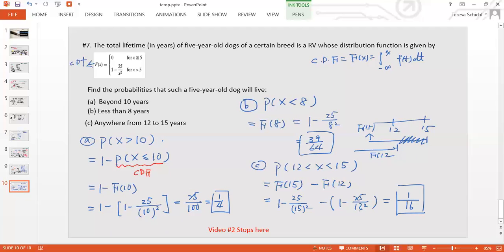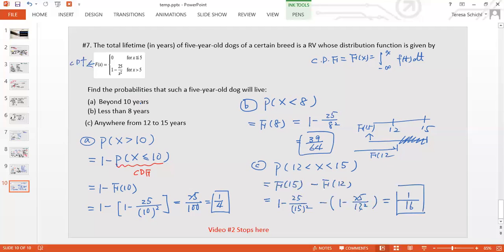After you write it out, then it will be pretty easy. Then you say, oh, okay, now I'm using the CDF here, right? So this is the problem, to let you practice how to solve a word problem. I always tell my students that for a statistical word problem, you need to read it very carefully. Then you are like a translator. You translate the word problem into the existing formula or equation you can use.